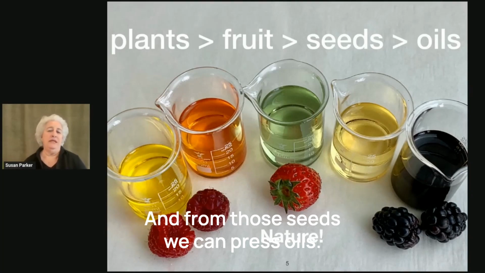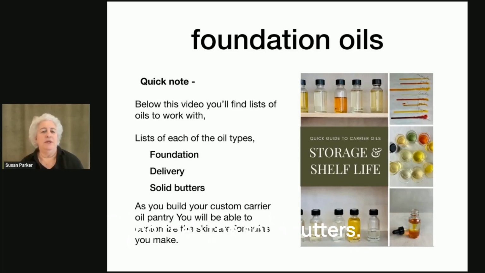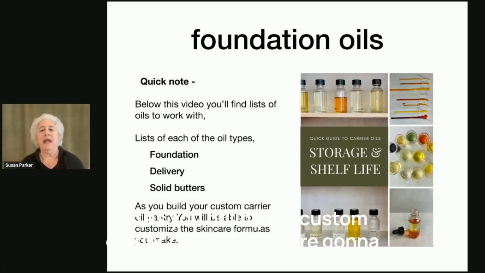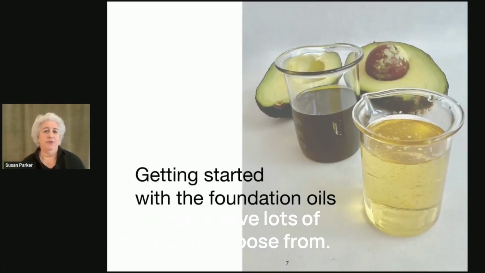And from those seeds, we can press oils. And so we're going to go through them: foundation, delivery, and then the solid butters. So as you build your custom carrier oil pantry, you're going to be able to customize skincare formulas that you make. You'll have lots of oils to choose from.